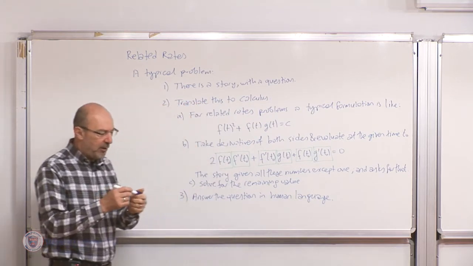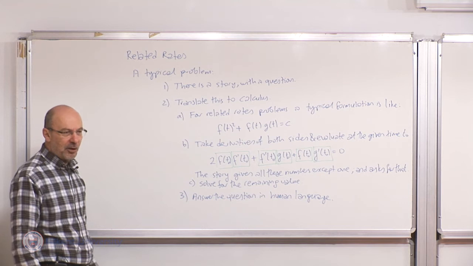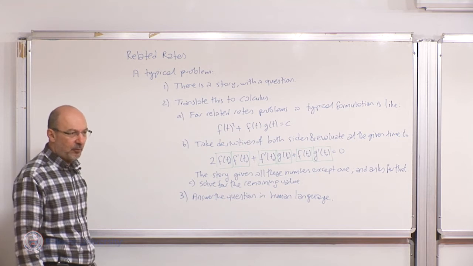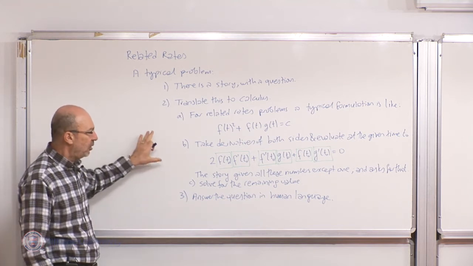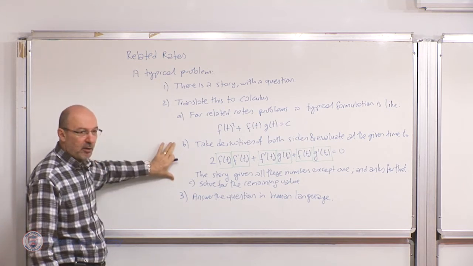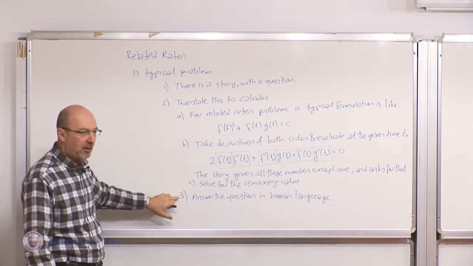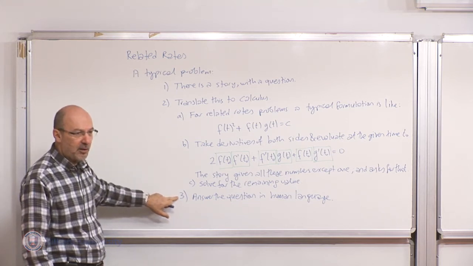Then you come and object to your grading, and you ask for extra grade. You don't get any extra grade. So the reason is this. This is what happens in real life. There is a question. Nobody cares whether you solve it by calculus or by looking at your friend. And the answer is important.